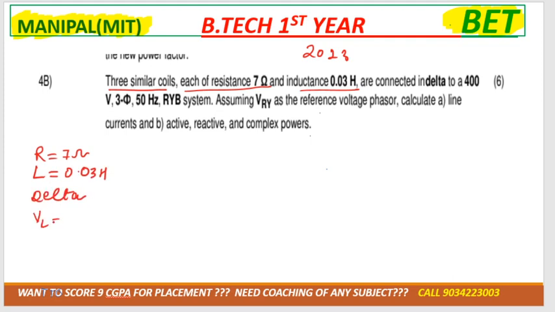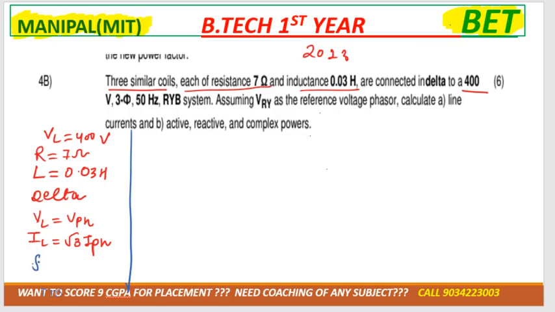In the delta, line voltage is equal to phase voltage, but the current IL is not equal to IPH, and they have mentioned voltage, that is VL. If they didn't mention any voltage, then that voltage is always the line voltage. Frequency is 50 Hz, and they have mentioned that they are using RYB sequence. Assuming VRY as the reference, calculate the line current. This is a 6 marks question.